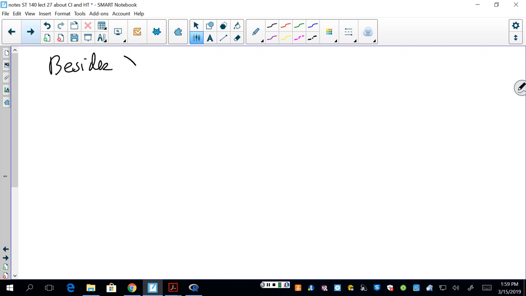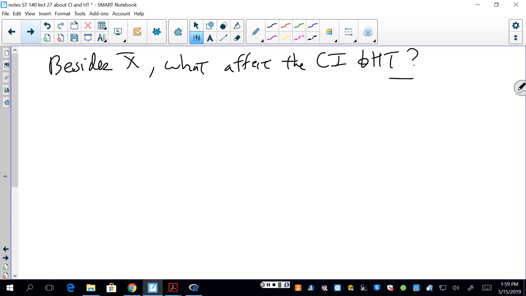So besides x bar, what affects the confidence intervals and hypothesis tests? What would make our results more significant? Of course, as we just talked about, if x bar is further away, then there's a bigger difference, and that's more significant. But what else?